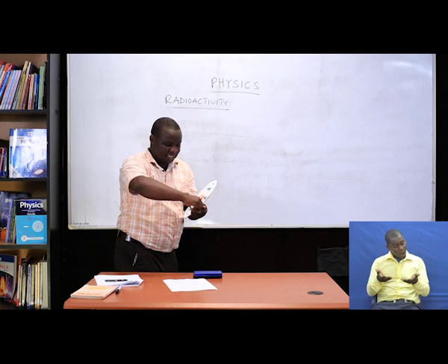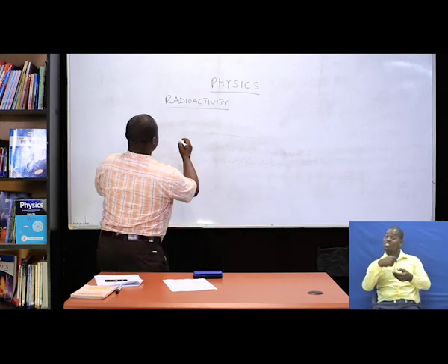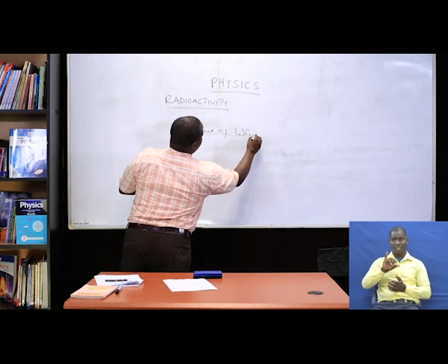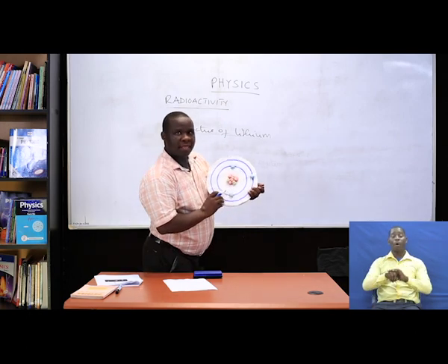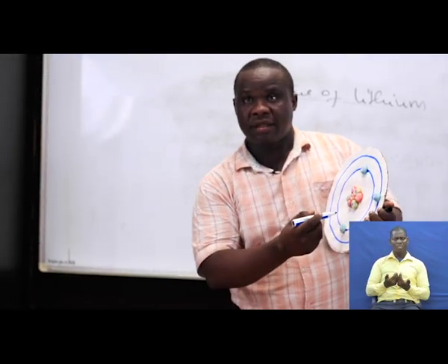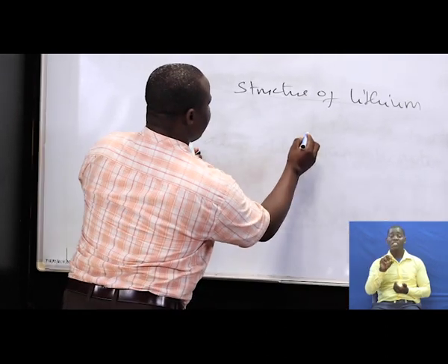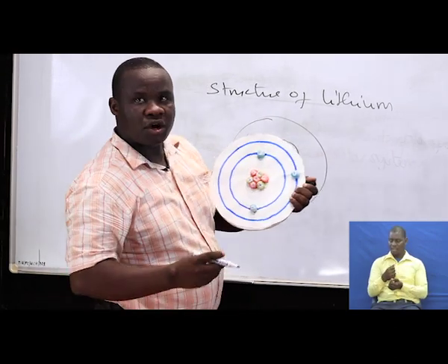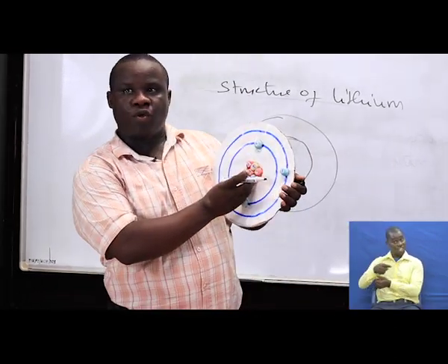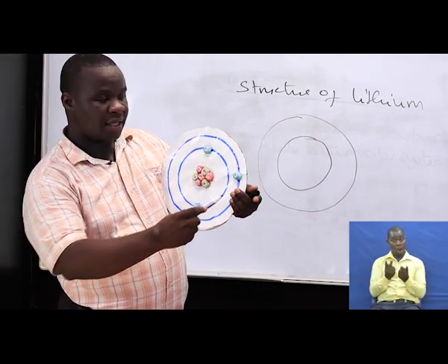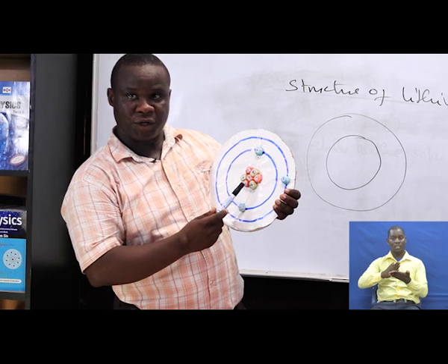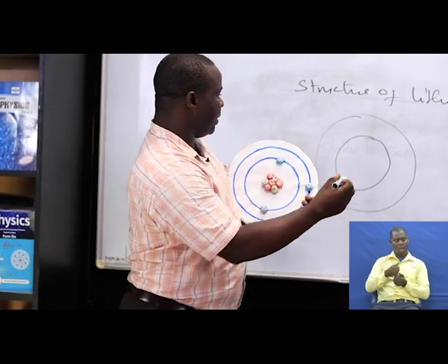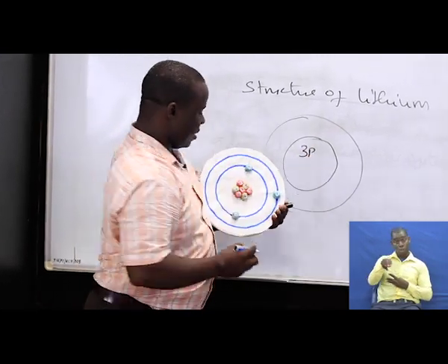If we write the structure of lithium from our model, how many shells does it have? There are two shells: the first shell and the second shell. Within the nucleus we have two particles, protons and neutrons. We counted 1, 2, 3, so we have 3 protons. And how many neutrons?